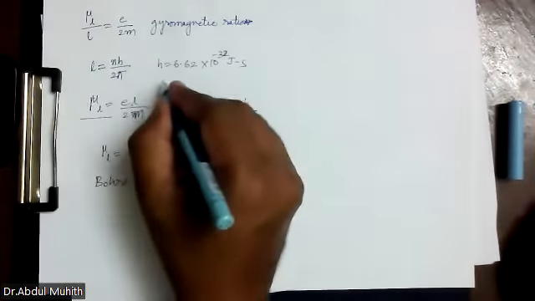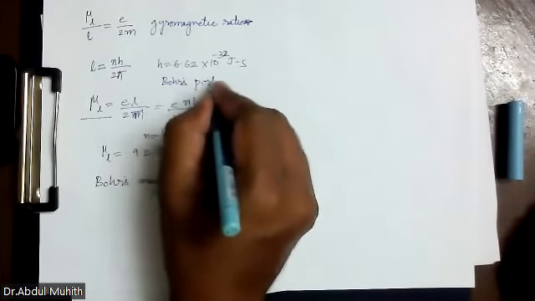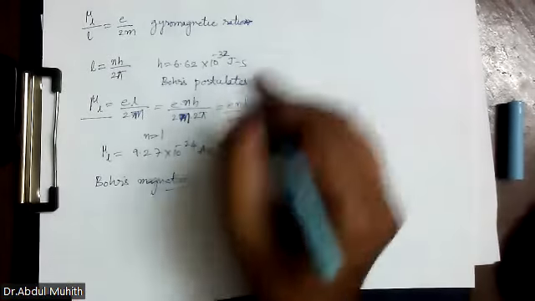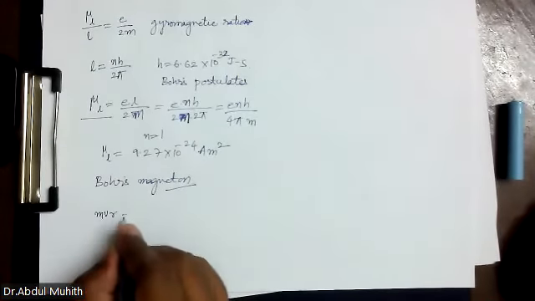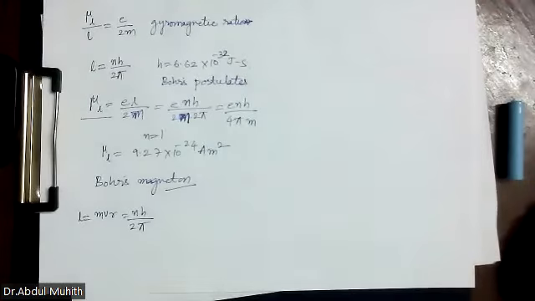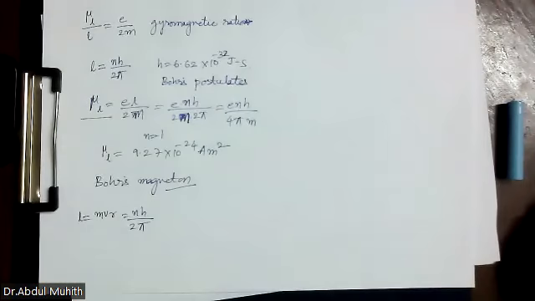From where did this come? This came from Bohr's postulates. It says that mvr is equal to nh by 2 pi. From there we got the angular momentum L is equal to mvr, and mvr is equal to nh by 2 pi. So the angular momentum formula is given.